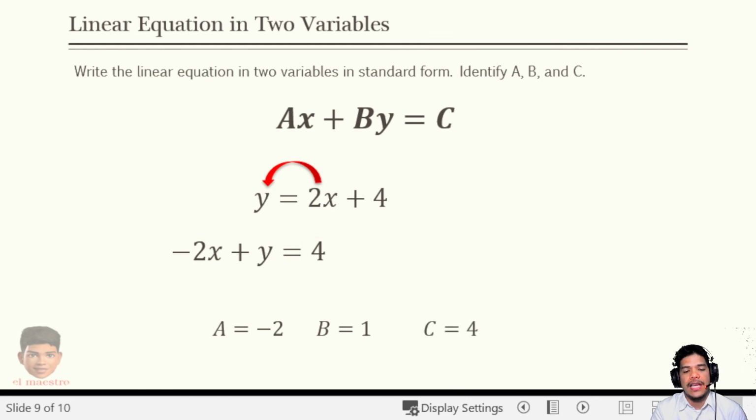So, this is a, b, c. So, ganun lang kasimple class, no? Ganun lang kasimple mag-illustrate, mag-identify ng linear equation in two variables, especially pagsulat ng standard form. Okay? So, later on, mas madali kasing isolve or identify or gamitin yung ating linear equation pag nasa standard form na siya.